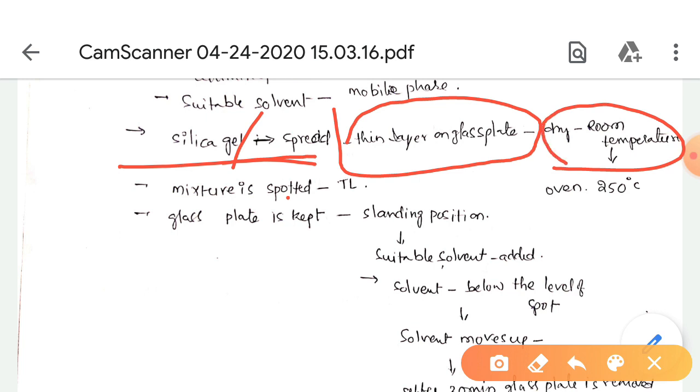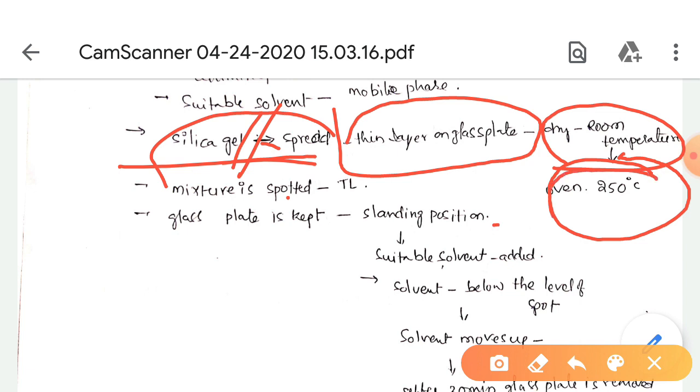It is activated by heating in an oven at 250 degrees centigrade. That means the solid stationary phase is activated at that time. Then the mixture is spotted at one end of the thin layer.